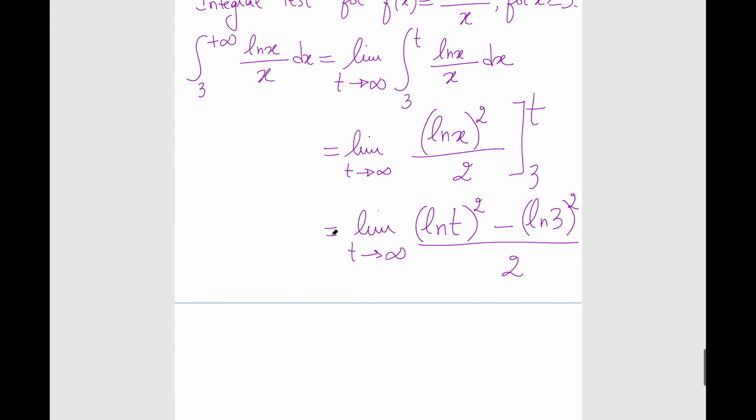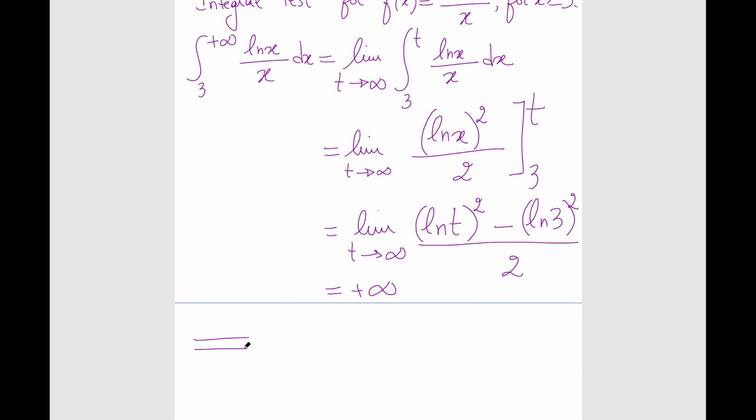Correct? And what happens when t goes to plus infinity? When t goes to infinity, this guy blows up. And the whole thing is going to be plus infinity at the end of the day. Correct? So long story short, this integral is blowing up.